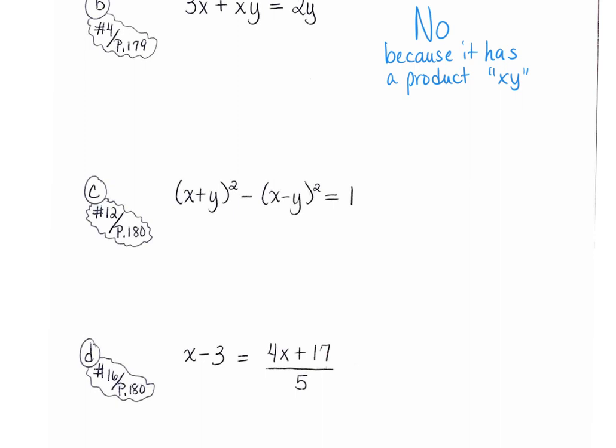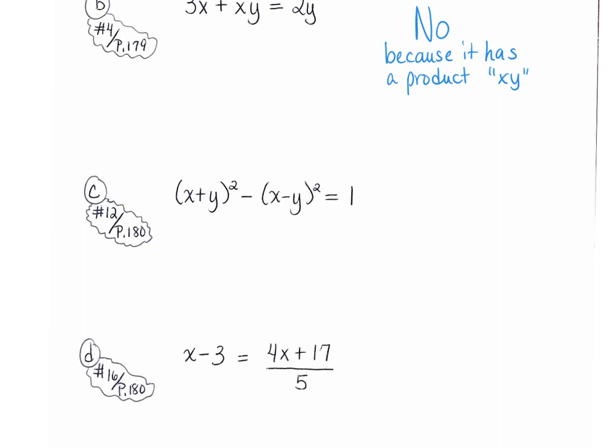Multiply what? That's right. You expand and multiply it. That's absolutely correct. You have the quantity x plus y squared minus the quantity x minus y squared equals 1. So we're going to multiply x plus y times x plus y, subtract x minus y times x minus y, and set that equal to 1 to see if we can simplify somehow to get a line, to see what exactly we have.